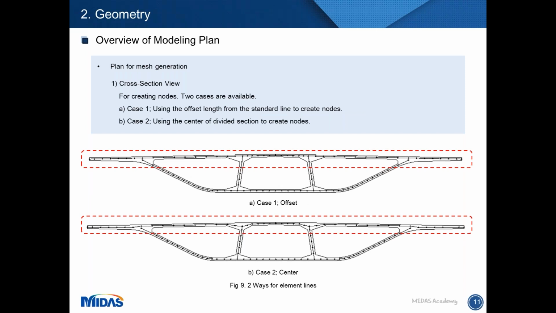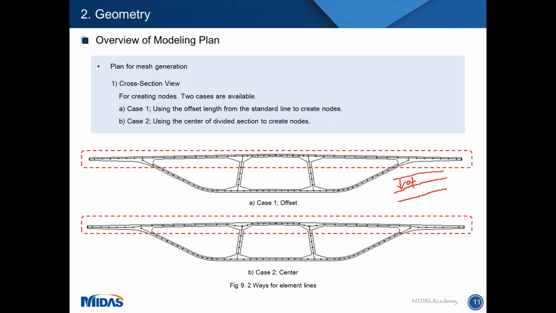After that, I drew element lines to create elements. I had two ways. Case number one is using the offset length. In this method, element lines are drawn in the opposite position from the standard line, such as the top of the slab. So for example, this is a slab thickness. I draw the element line with the offset length here.